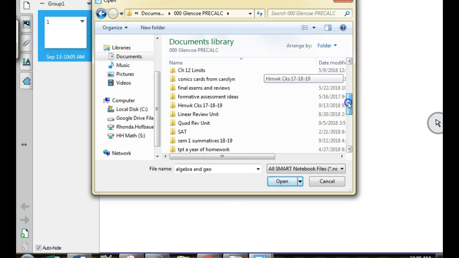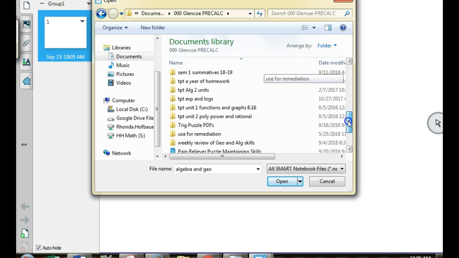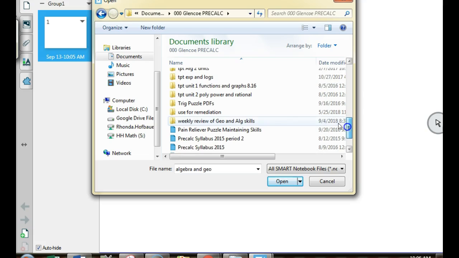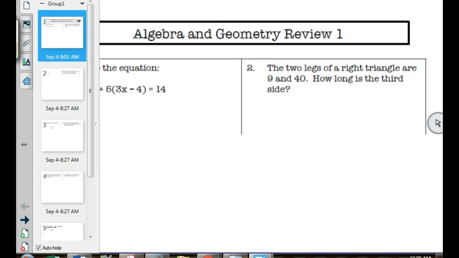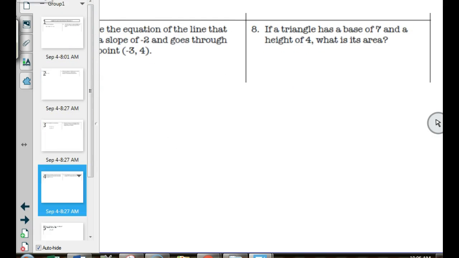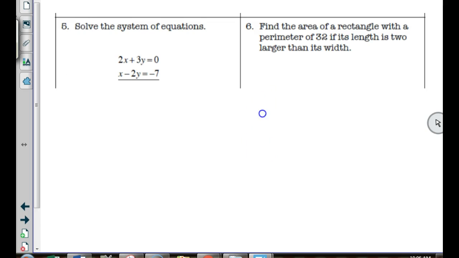I thought I named the folder Algebra and Geometry Review or something really tricky. Oh, there it is. Weekly Review. Number 6. Okay, it says rectangle with a perimeter of 32 if its length is 2 larger than its width.